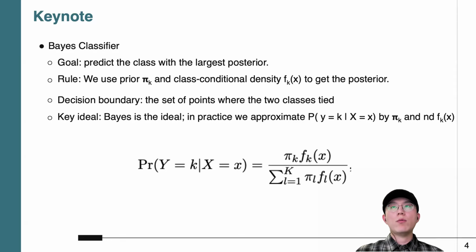On the decision boundary, the classifier is indifferent between them. In practice, we don't know the true priors or class conditional densities, so we want to estimate them. That's where LDA and QDA come in. LDA and QDA assume Gaussian distributions and estimate the necessary parameters from data to approximate the Bayes rule.